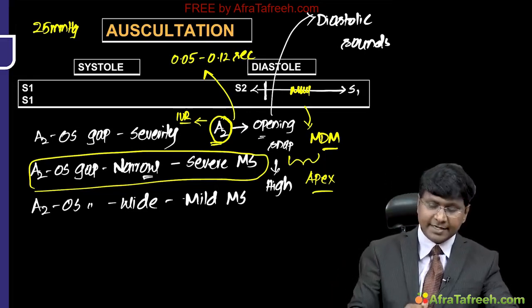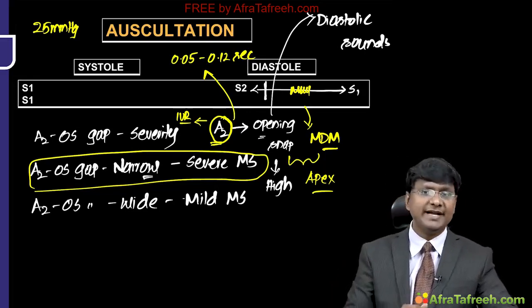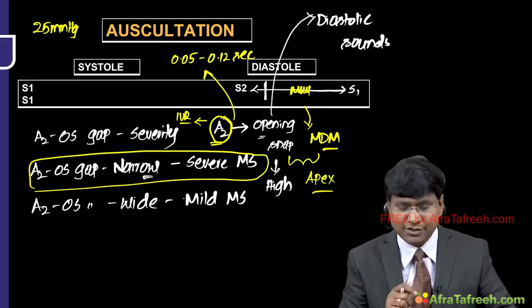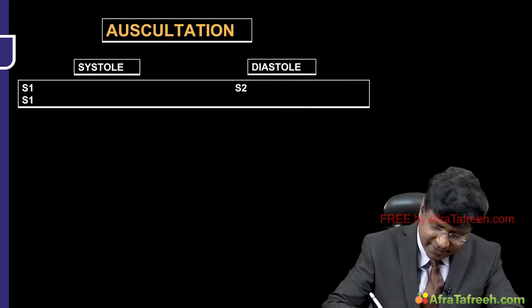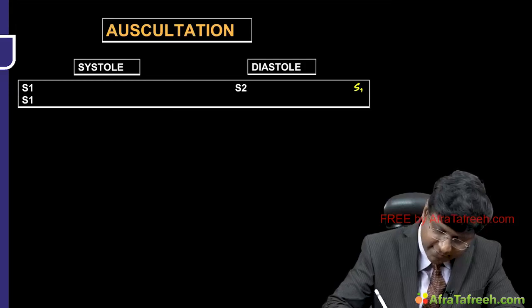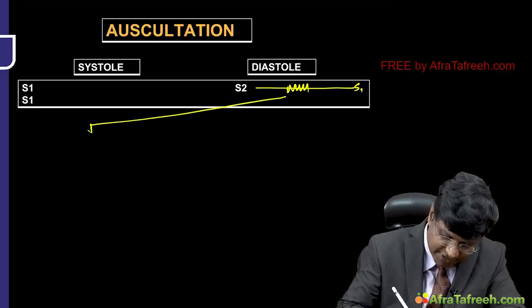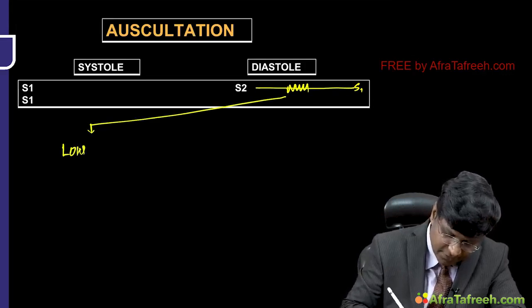Okay, right. Now let me discuss this mid diastolic murmur. The mid diastolic murmur that you listen to in diastole is a low pitched sound, whereas the opening snap is a high pitched sound.